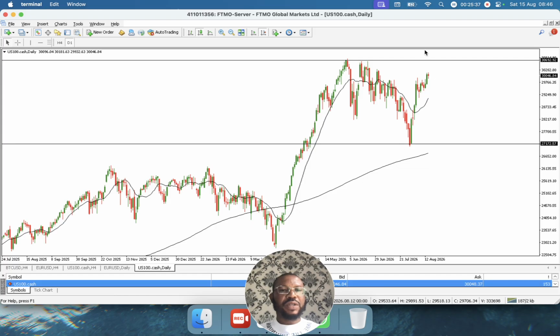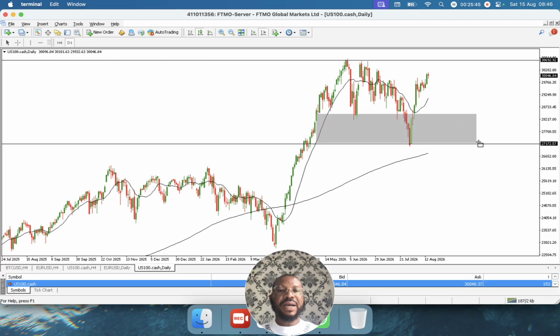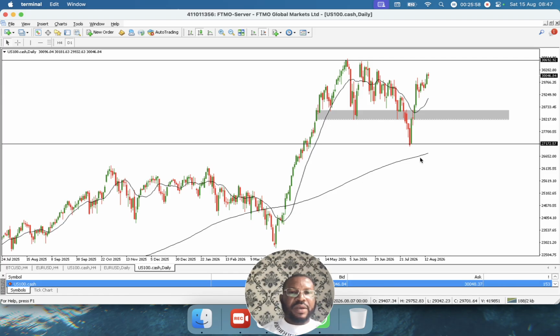So we'll see the market pushing all the way to the upside from this demand area. Initially, we had this demand area, but price has created another demand area at this point. So I can see that the Nasdaq is still bullish.